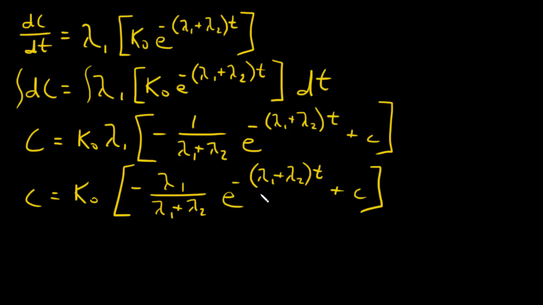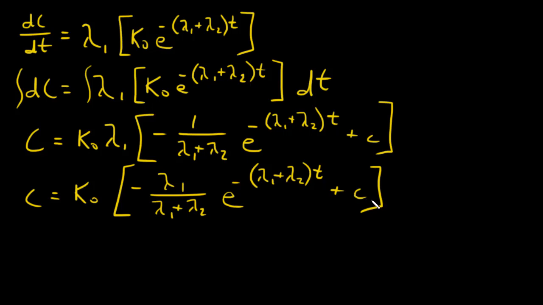Now that I've got it into this form, I'm going to do that same kind of trick that I did before. And I need to be very careful with one thing I haven't done. When I sent this lambda 1 through, that lambda 1 got multiplied by this constant. Well, I'm going to call that another constant. And now in the next stage, I'm going to call this K naught, which is a constant, times c, also a constant.